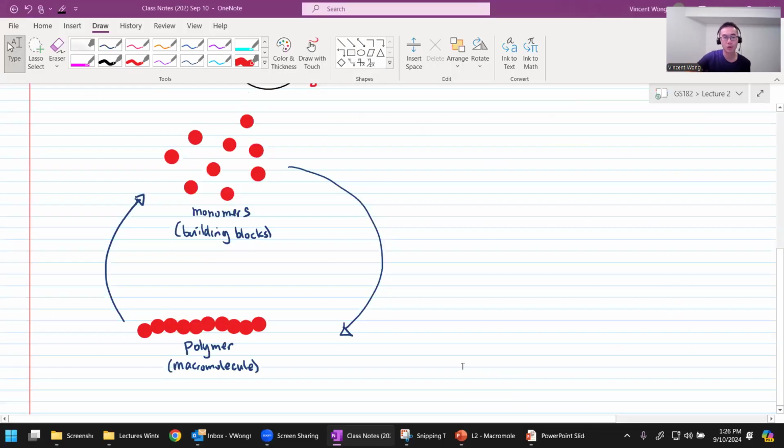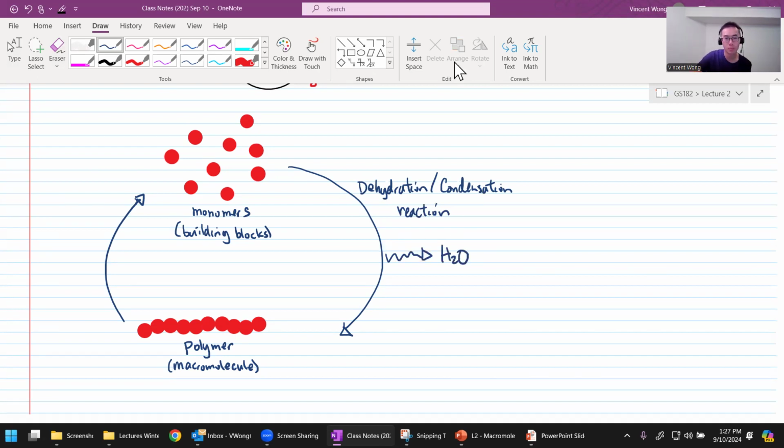If we go back to this drawing, from monomer to polymer, this is called a dehydration or condensation reaction, and you have to remove a water molecule.